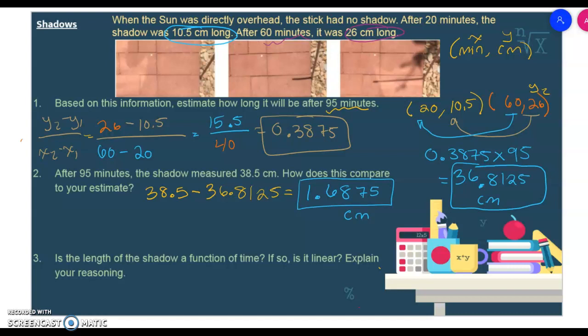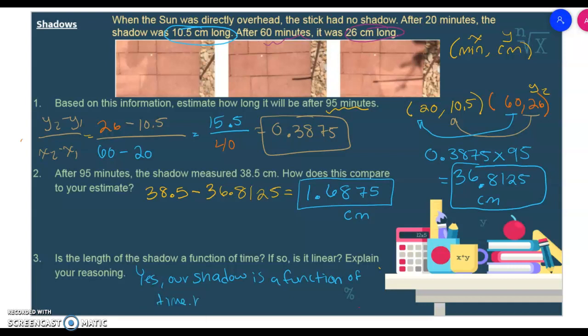Is the length of the shadow a function of time? Well, yes, absolutely. Yes, our shadow, remember, our shadow depends on what time it is, how long it'll be at a certain time. And it is going to be linear.